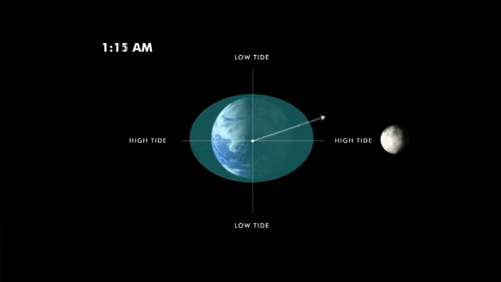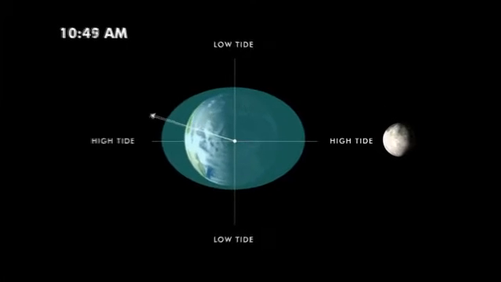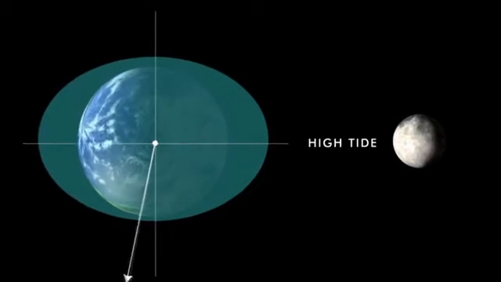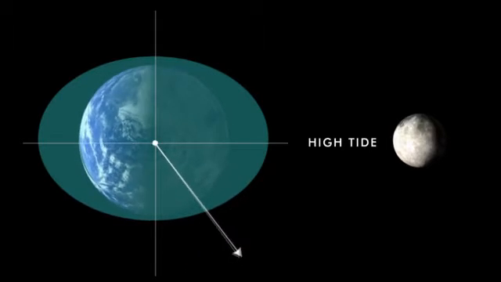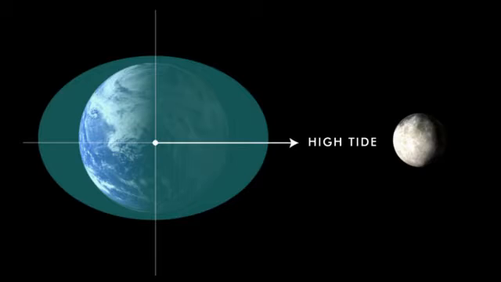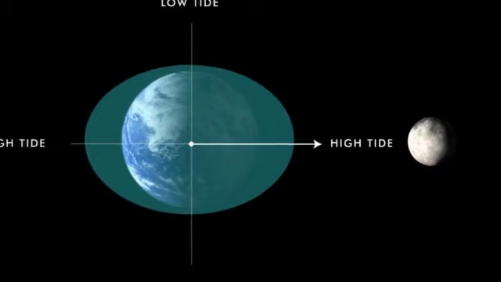But it's not as easy to understand why there's a bulge on the other side as well. And the easiest way to describe that is the moon's gravity is stronger, of course, the closer you get to it. So the side of the Earth close to the moon has a stronger pull. So while the oceans on the moon's side get pulled more strongly than the general Earth does, on the other side it's kind of opposite.